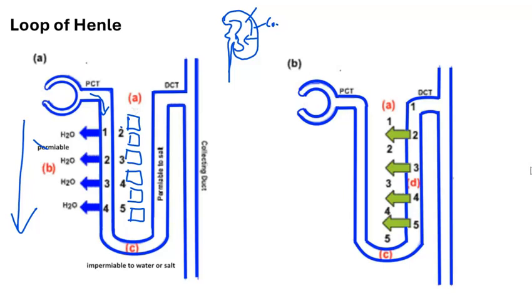And because we encounter a concentration gradient difference between the filtrate and the tissue fluid, water is able to move by osmosis and leave the actual filtrate, and this water is reabsorbed into the efferent blood vessel, which is wrapped around the loop of Henle.